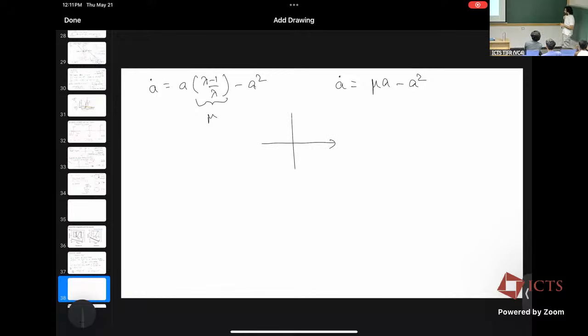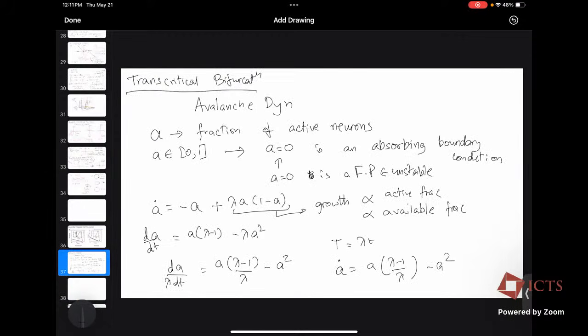Sarthak, there's a question. Yeah. So what is the physical motivation of having the decaying term minus A? Yeah, the physical motivation for that minus A is kind of just capturing the aspect that a spike in itself, if my neurons are isolated, then any neuron can turn on. Say I have a fraction A of active neurons.